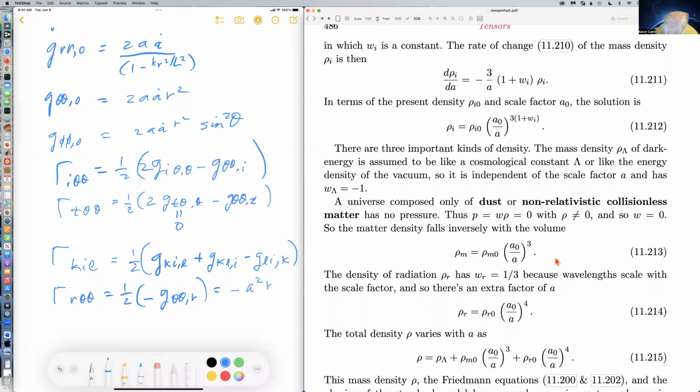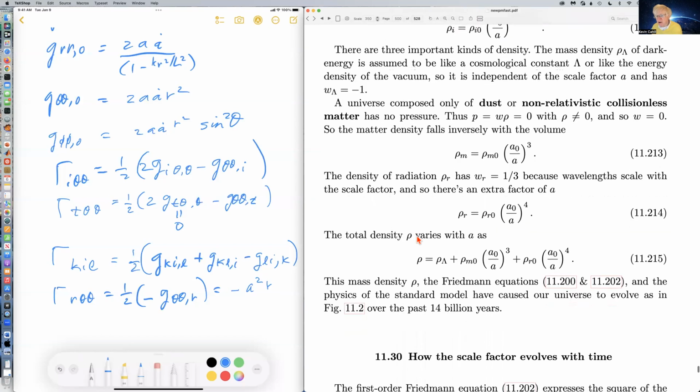Well, that's what we could have surmised or realized without going through all this analysis, because obviously if the universe is just a bunch of stars and the universe is expanding, then the mass density will drop as the scale factor expands, because density is 1 over volume, and volume rises as A cubed.